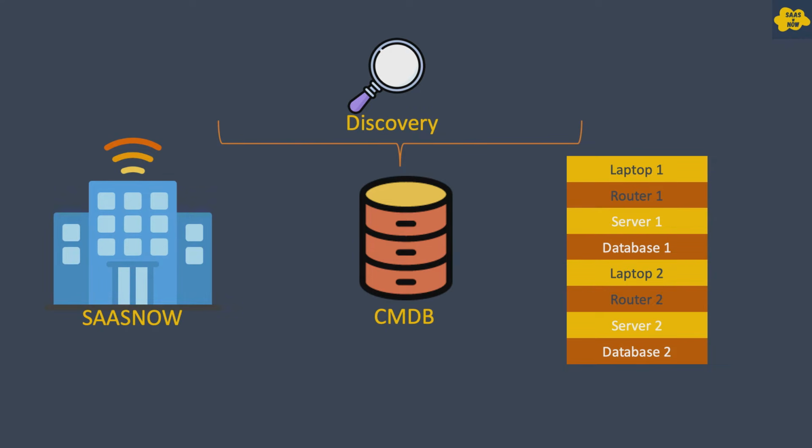Now the question is how exactly it gets access. How does ServiceNow, how does discovery, get access to the devices of the organization? This is something we will learn a little bit later.